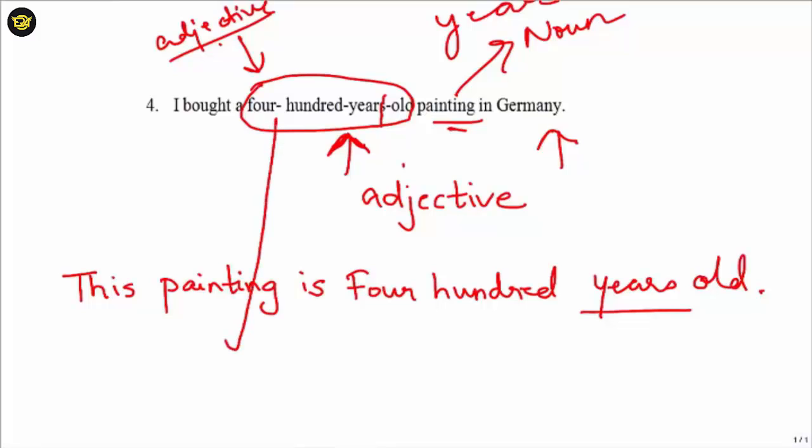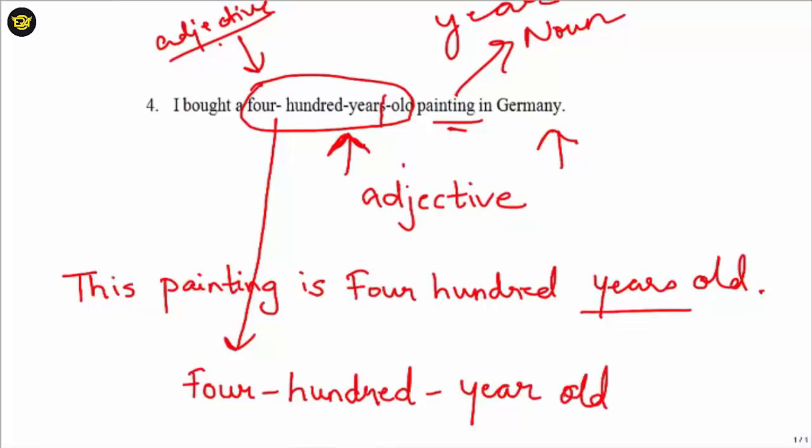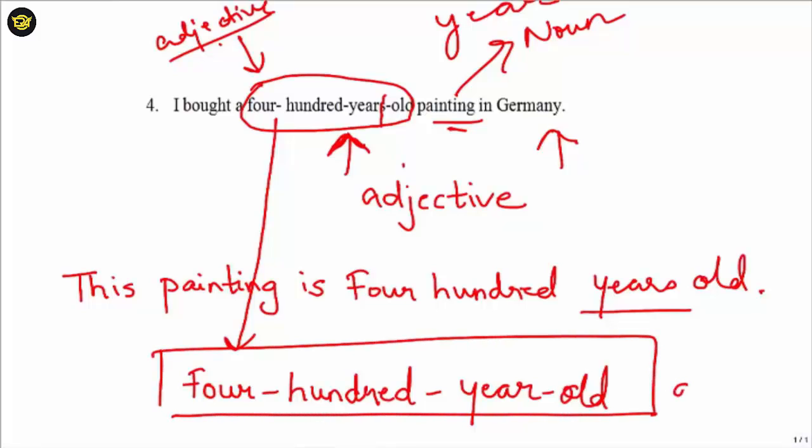Also, important to understand is that when we are making an adjective out of various words, like in this case, we add hyphens over there. Okay, so this in itself is an adjective.